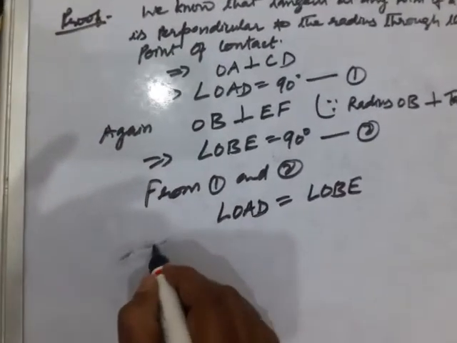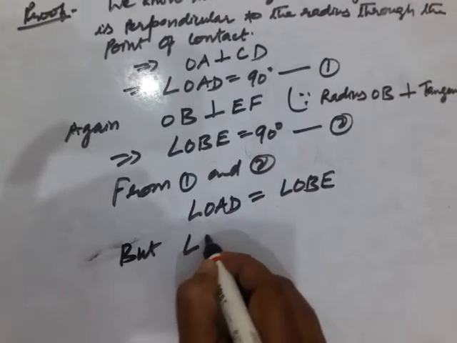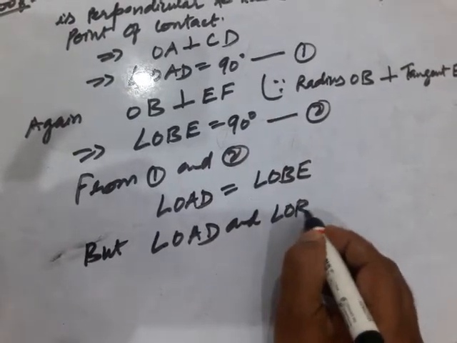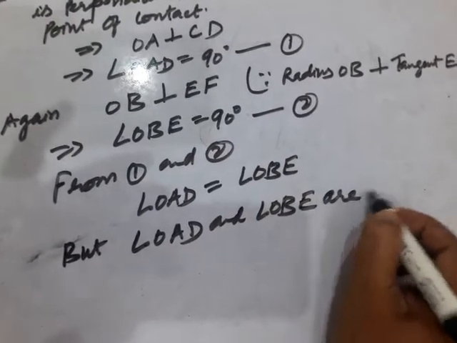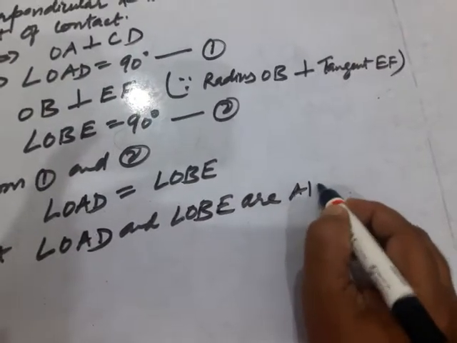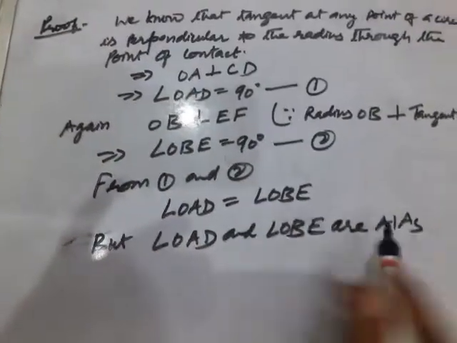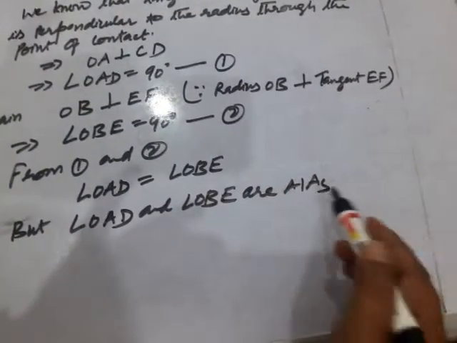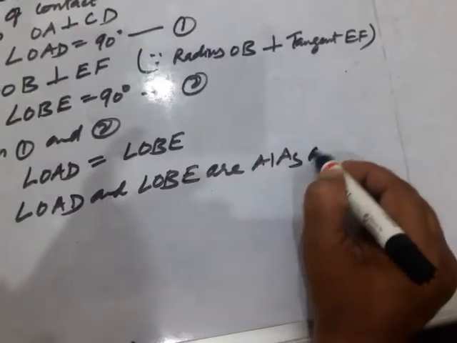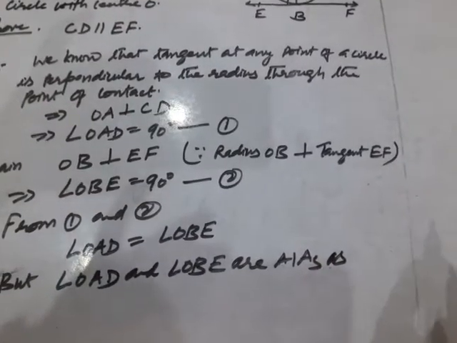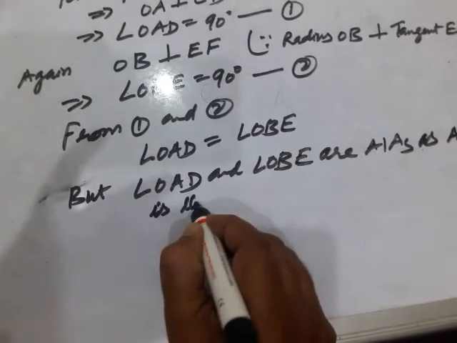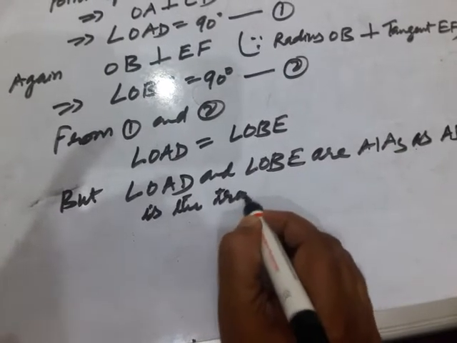But see, what do we see? Angle OAD and angle OBE are alternate interior angles, as AB is the transversal.